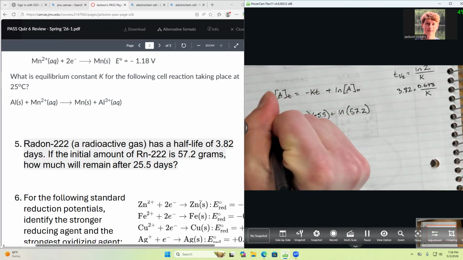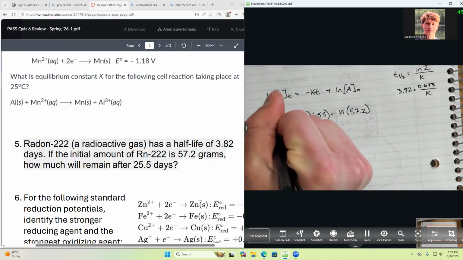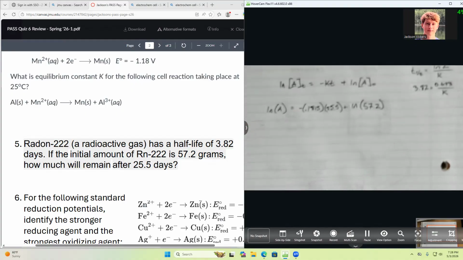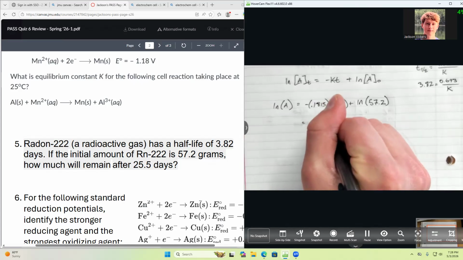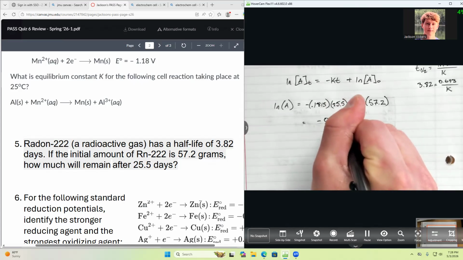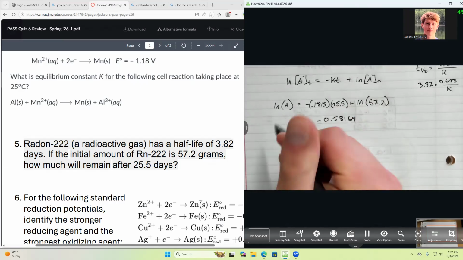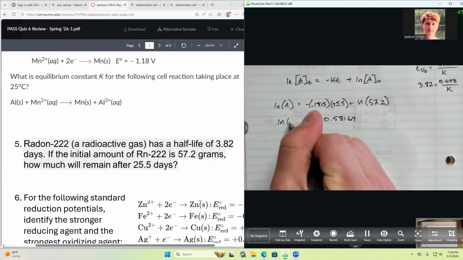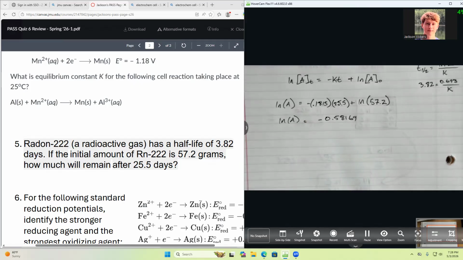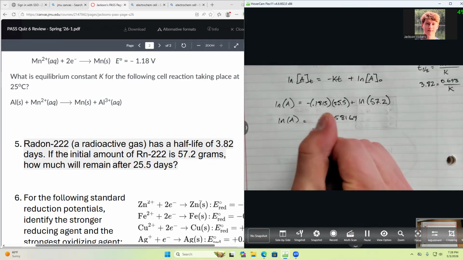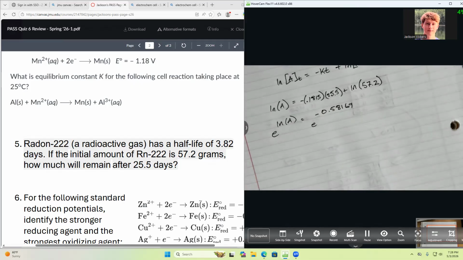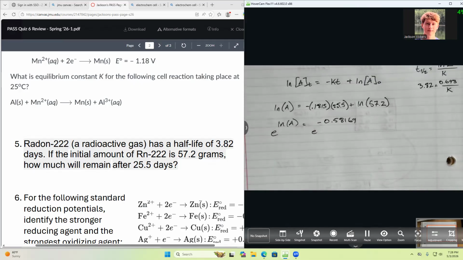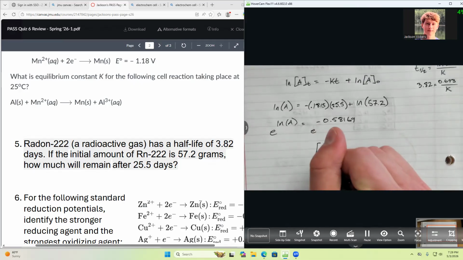And now we have everything we need to solve for this last variable. So this whole right side of the equation is going to turn into negative 0.58169. And then again, we said to cancel out ln, we use the base e. So that's going to be the last step here. So then our final answer is going to be, we can write it like this.